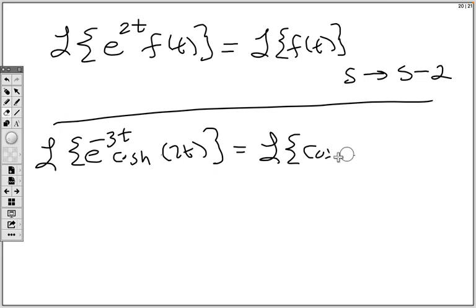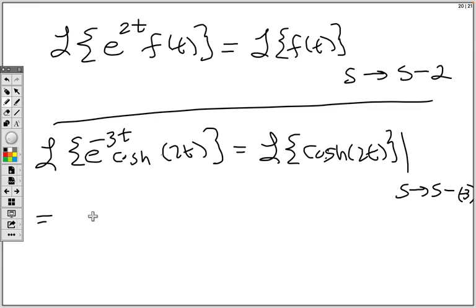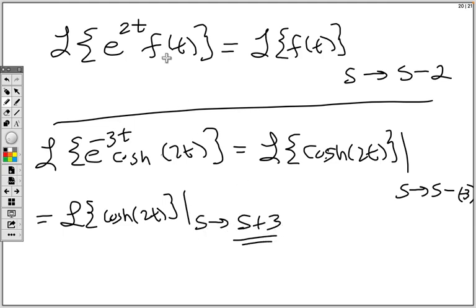I keep saying cosine instead of cosh. And replace s with s minus, well, negative 3. All right. In other words, I can take the Laplace of cosh of 2t and replace the s with s plus 3. You see how the shift is working here?